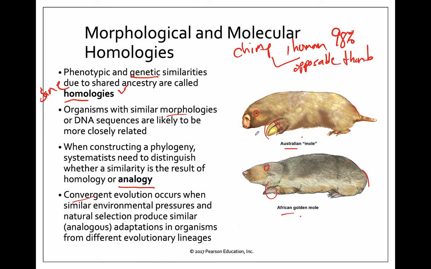So even though these live on different continents, they both live in the same environment, dark, underground, diggers, and so they're going to develop the similar traits because of natural selection. Their environments are similar, so the selection pressures are going to be similar, so they're going to lead to analogous traits that look similar but are not actually closely related.